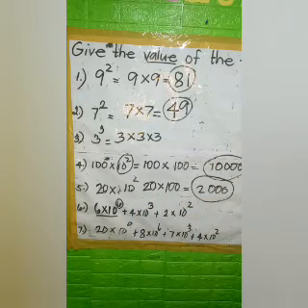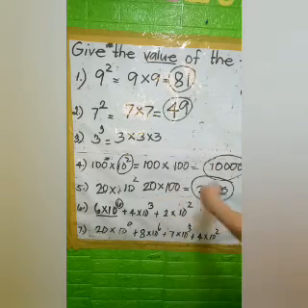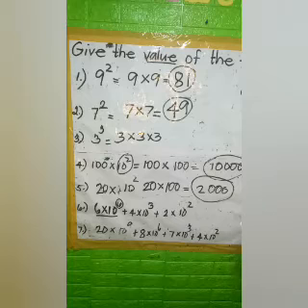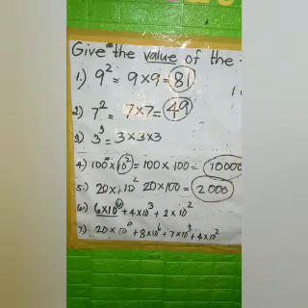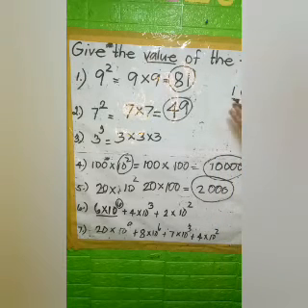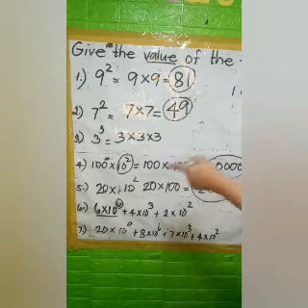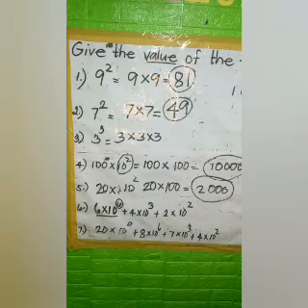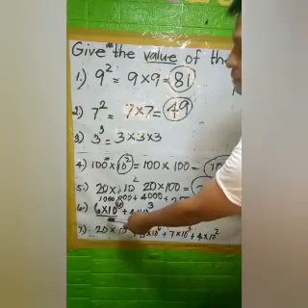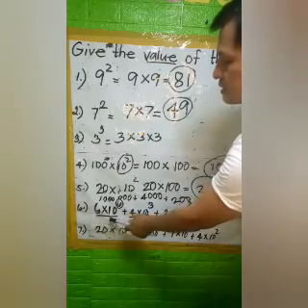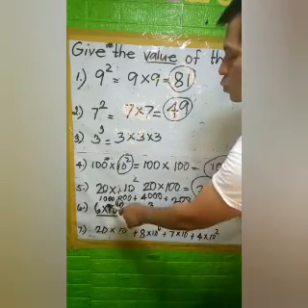We have 6. 1, 2, 3, 4, 5, 6. Then copy the remaining number, that is 1. So that is 1 million. Then multiply it by 6, so we will be arriving at the product or the value of 6 times 10 to the power of 6, which is 6 million.